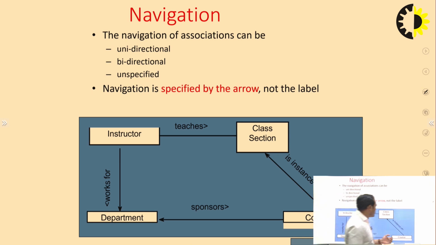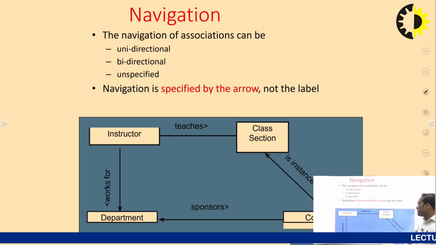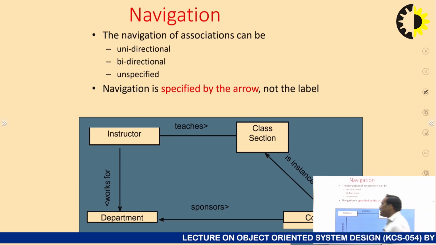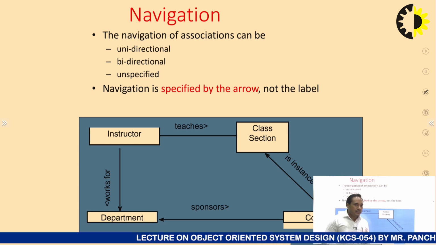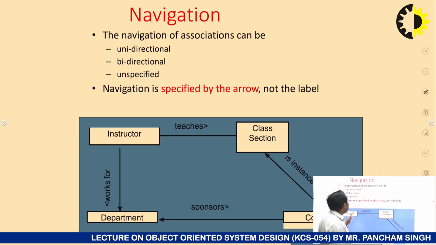And what about the course? Course is a class. So course is associated with the class section and course is associated with the department. Course is an instance of the association, and similarly course is sponsored by the department. So which department, how many courses are running? So it is the navigation.